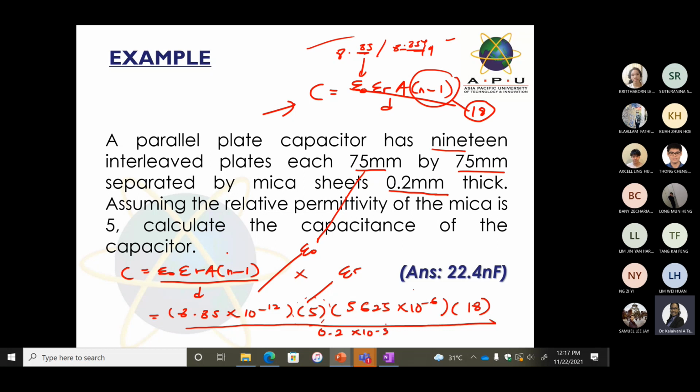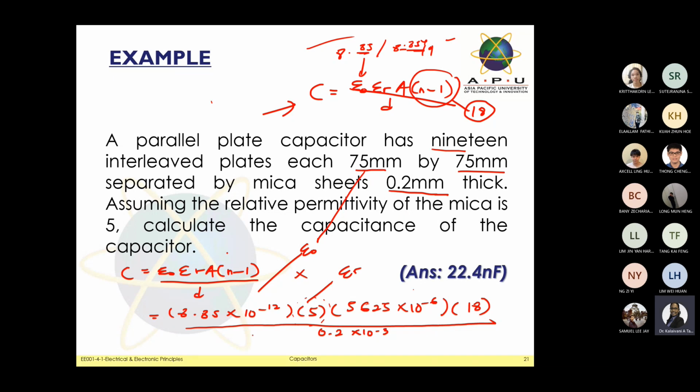Once you have calculated, you can define your answer, because they did not tell you that you must get it in nano or in a different value. So it's up to you, any scientific value I will accept.